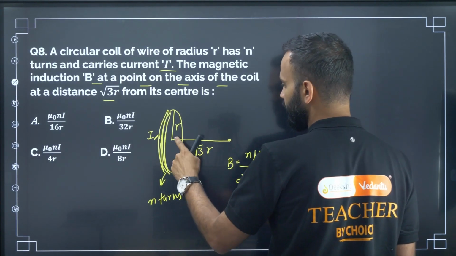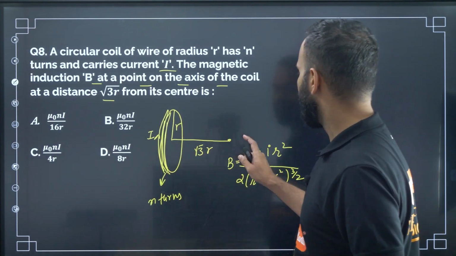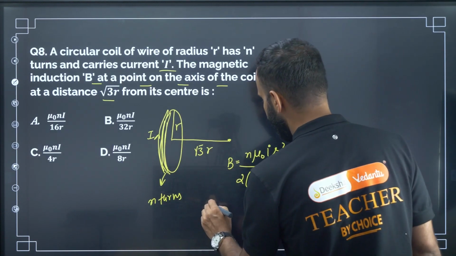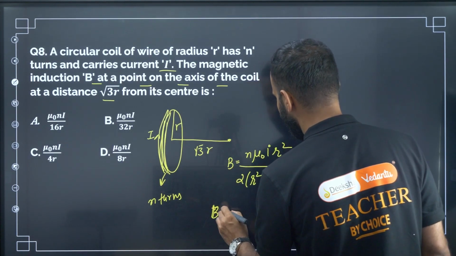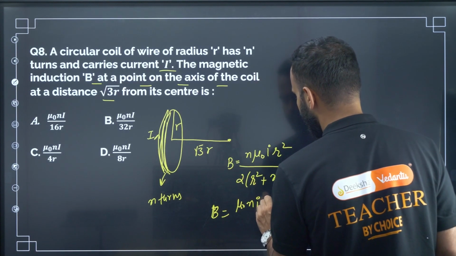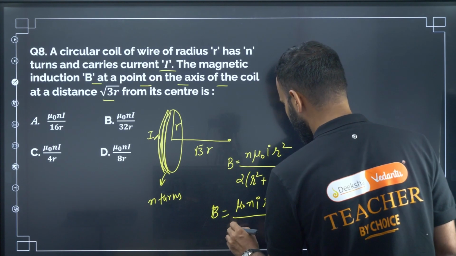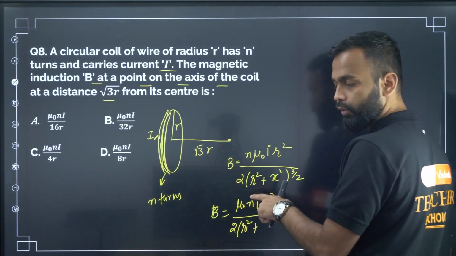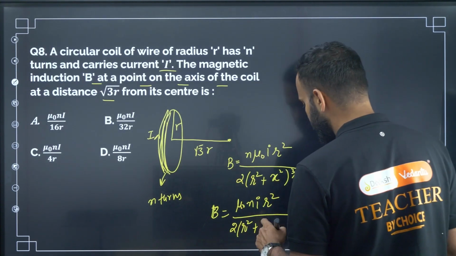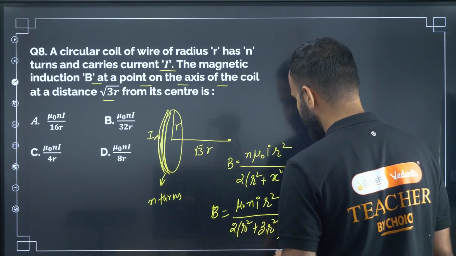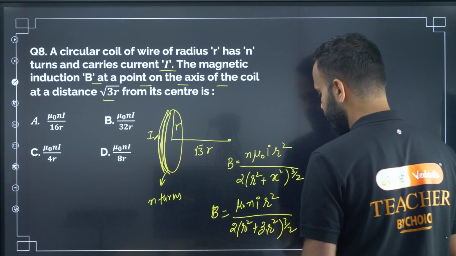X is the distance between the center of the coil and the point where we need to find the magnetic field. Now B is equal to mu naught into N into I into R square divided by 2 into R square plus √3r whole square, and √3r whole square is 3r square, all to the power 3 by 2.